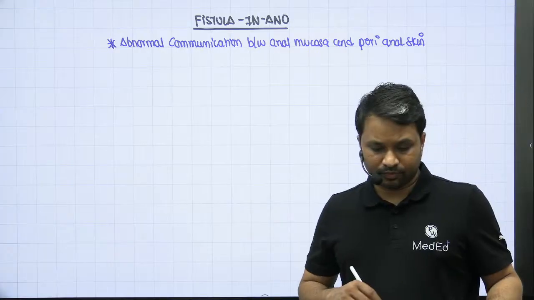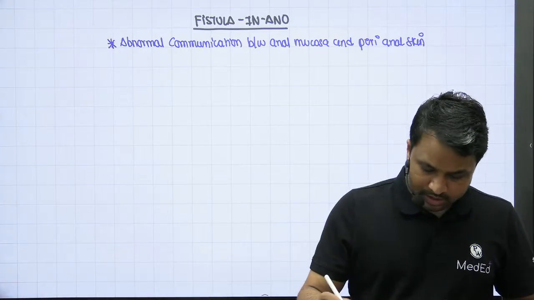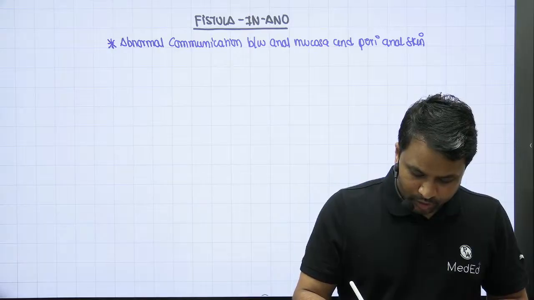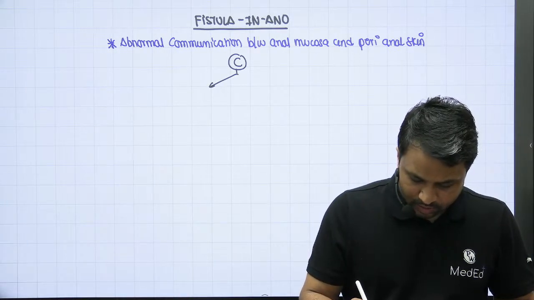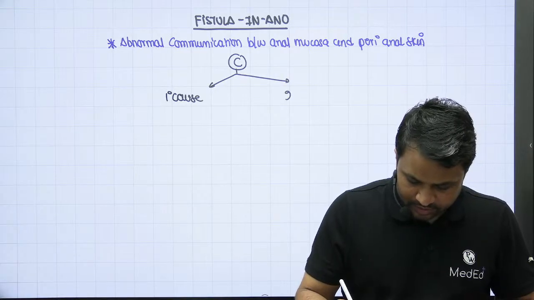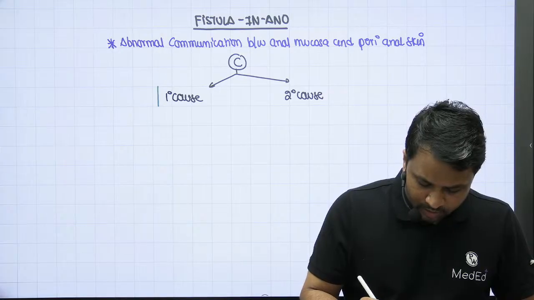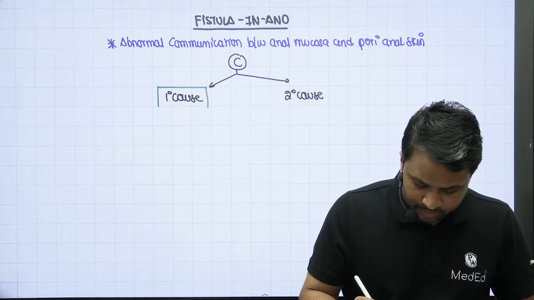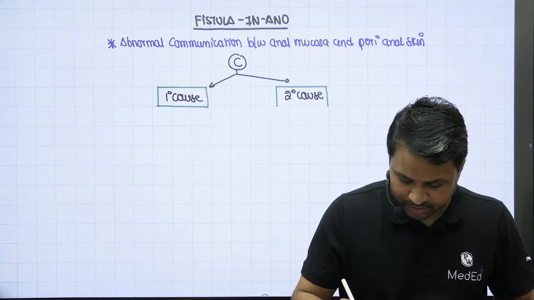Now, what are the causes? The causes of fistula in ano can be divided into primary and secondary causes. The single most important primary cause is incomplete or inadequate drainage of a perianal abscess, or a spontaneous rupture of a perianal abscess.